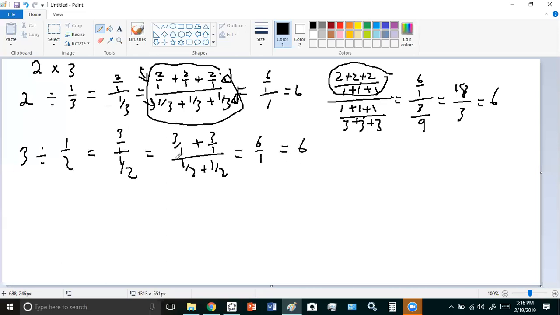And so it doesn't matter which way you do it, you will notice that you will get the same answer. Now, multiplication by 0 isn't defined, because if you had to say 0 times some number, let's say k, then both of these must be true: 0 divided by 1 over k, and k divided by 1 over 0.